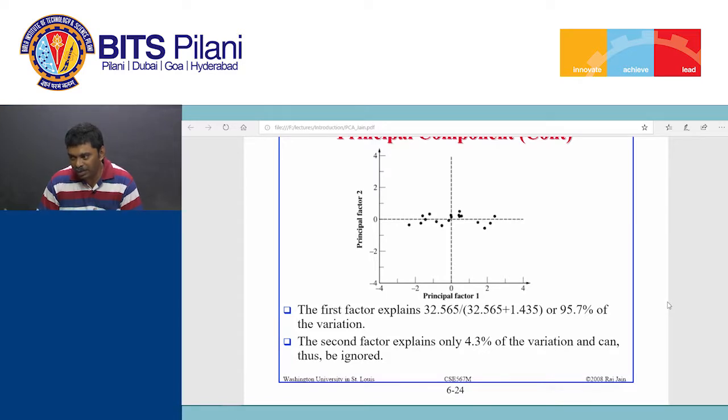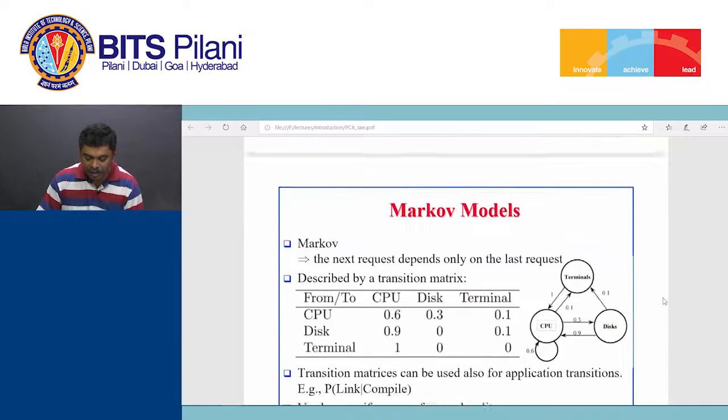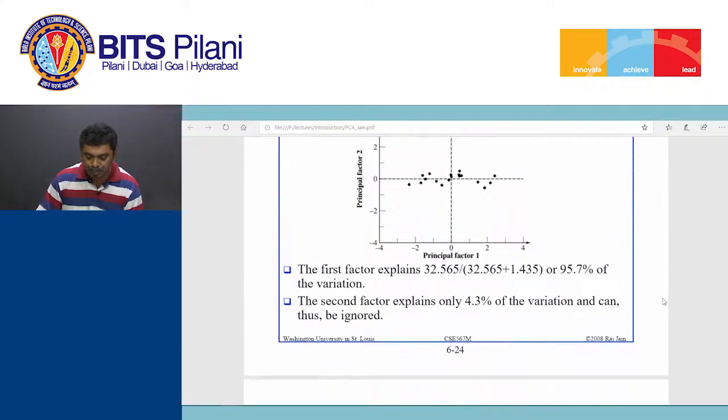You don't need to be a rocket scientist to decide that the second factor has to be dropped. Also, in the visualization, you can see easily that along the direction of y1 from the mean you see the maximum variance. Along the vertical direction from the mean you see very little variance, so you can easily drop it.